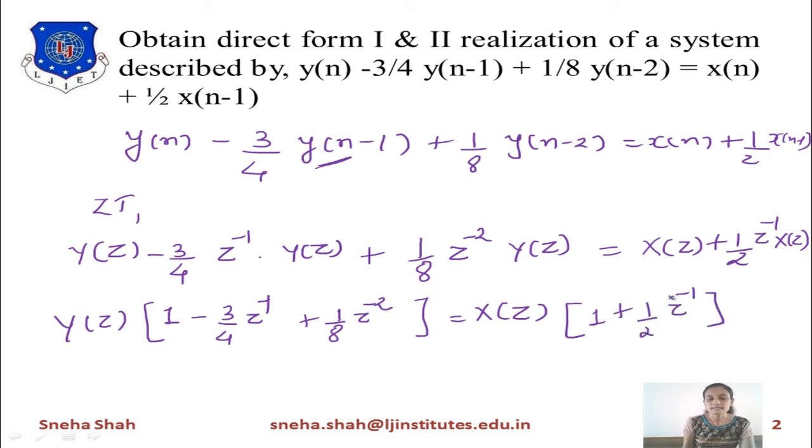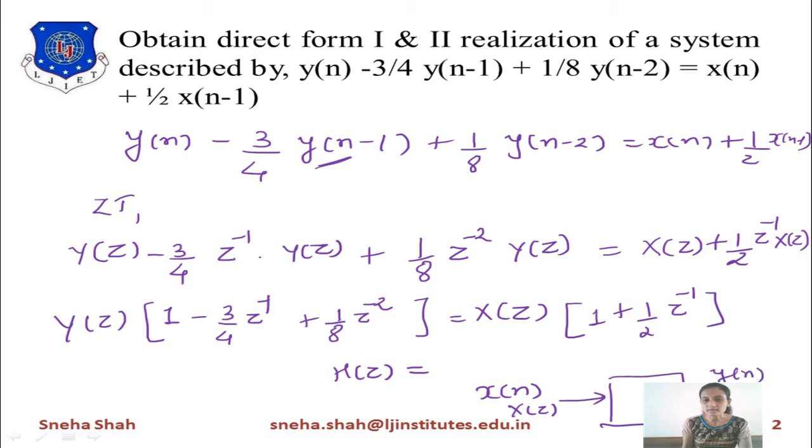Now the next step is we have to find out the value of H of z. Now how will we find H of z? What is the term H of z? If we take any system, in the input we take x of n, it will convert in terms of X of z. Output we consider as y of n, it will give you the term Y of z.